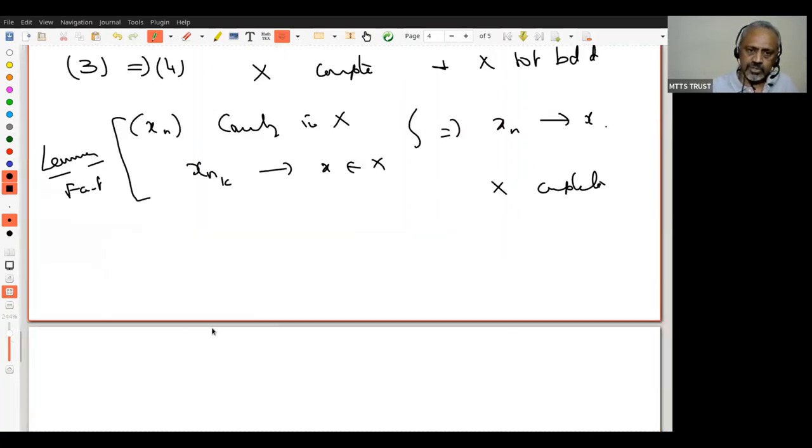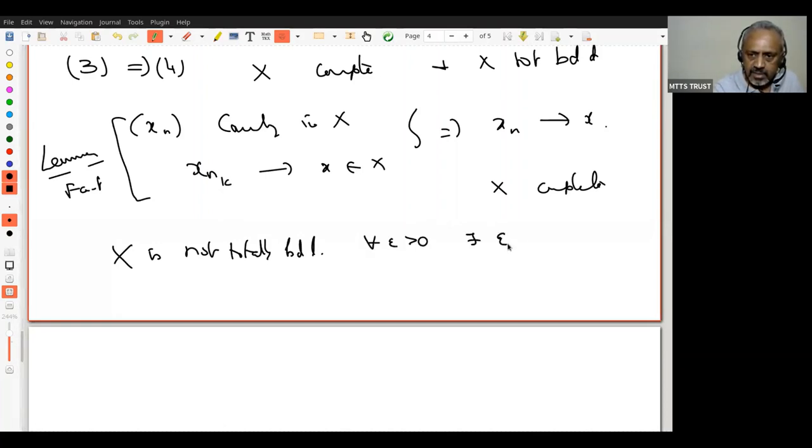I have to prove X is totally bounded. That is also easy. Suppose X is not totally bounded. What does that mean? If it is totally bounded, it says for every epsilon positive, there exists an epsilon net. Remember, epsilon nets by definition are finite. If it is false, that means there exists an epsilon positive such that there does not exist any epsilon net.